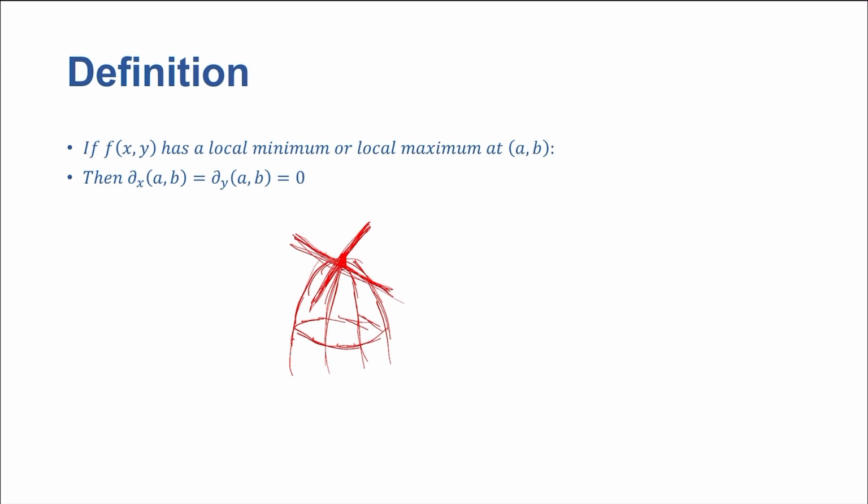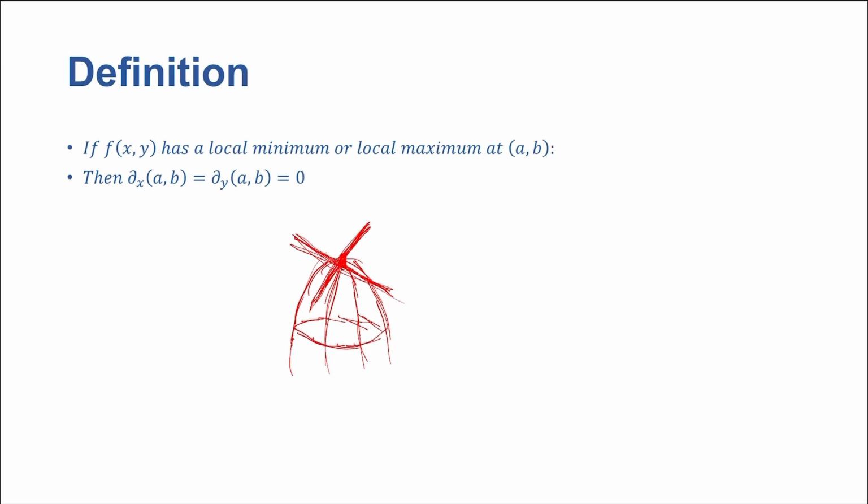If I say that my partial derivative with respect to x is 0, well, that's all well and good, but my partial derivative with respect to y or with respect to any other direction could be real valued, and that would mean that, of course, it isn't a maximum, it's just a point on my function. So if we can establish that the orthogonal, or the perpendicular derivatives, so partial x at (a, b) and partial y at (a, b), are equal to 0, then we can definitively say that we have a local maximum or minimum.